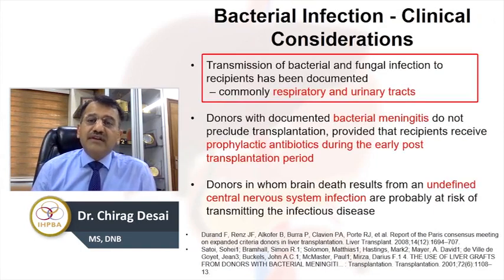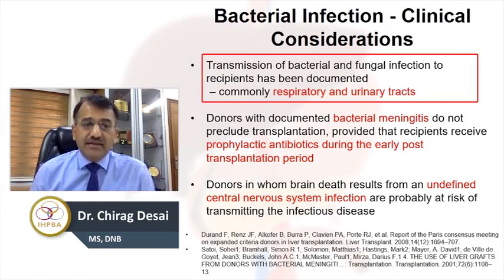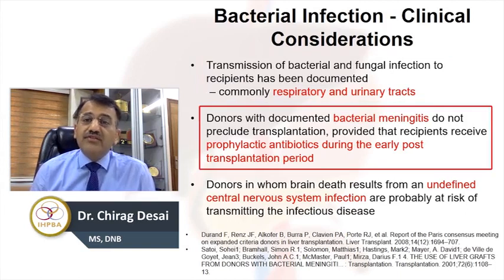Transmission of bacterial and fungal infection to the recipient is usually from the respiratory and the urinary tracts. Donors with documented bacterial meningitis can be used and it does not preclude transplant, but appropriate antibiotic use is very much necessary.